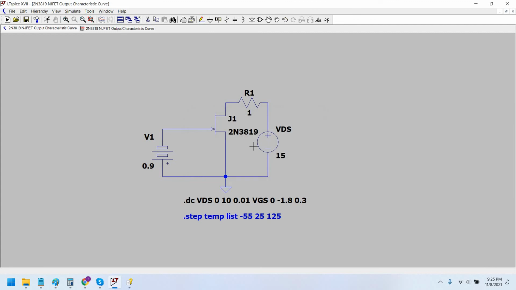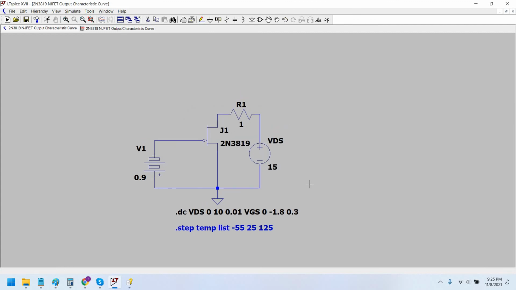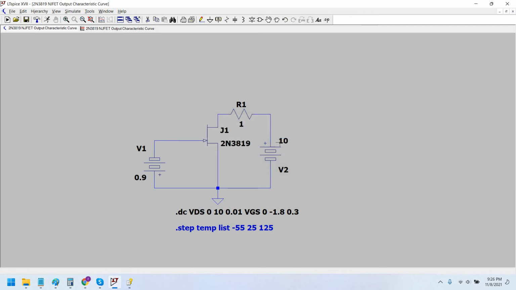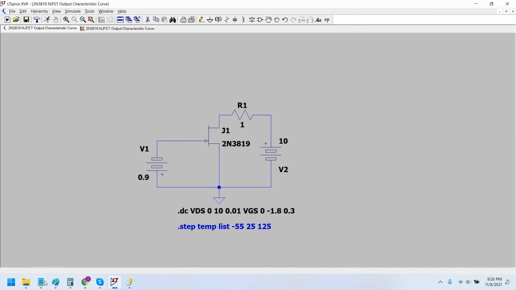It is 0.9 volt, that is 900 millivolt, and for VDS we can select again a battery, and that can be a 10 volt battery. The halfway of 10 volt is 5 volt, which is what we selected as our VDSQ.